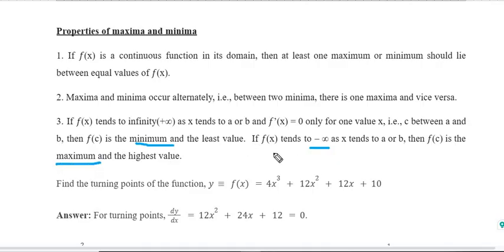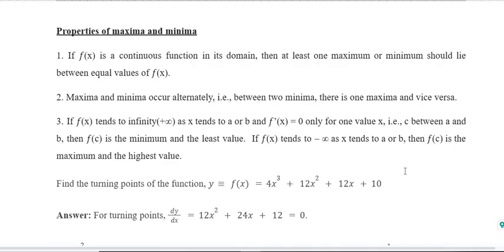So we are assuming an interval a and b, within which there will be a critical value c. If this is plus infinity, you will get a minima over there, and if the function goes to negative infinity, you will get a maximum over there.